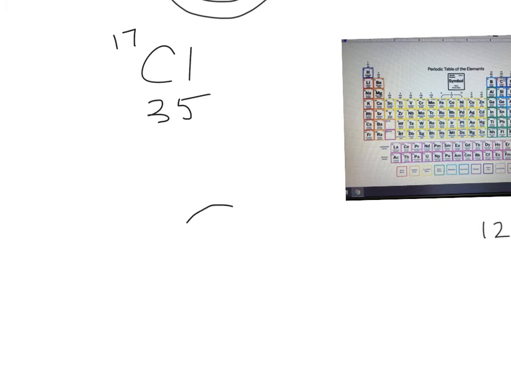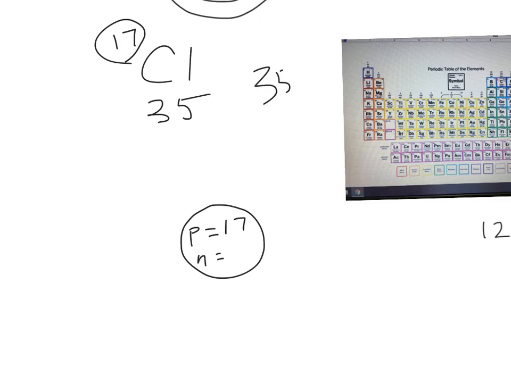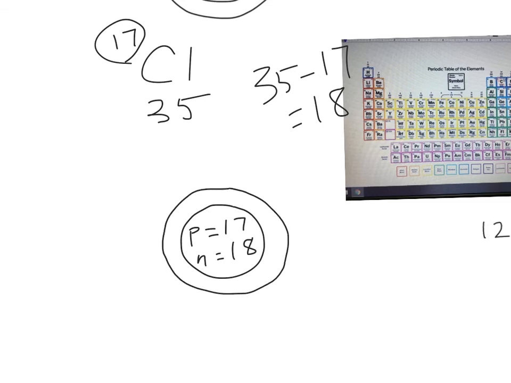All right, so let's draw the nucleus, and in the middle we have our proton number, which is this right here, so 17. The neutron number is going to be 35 minus 17, which is 18. And this is where it gets a little bit, I wouldn't even say tricky, it just takes a little bit of time.